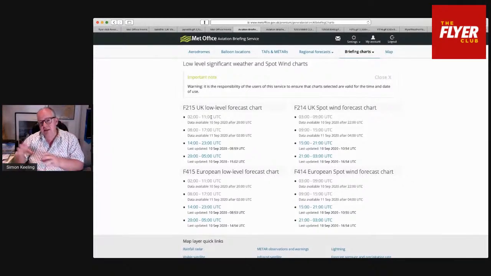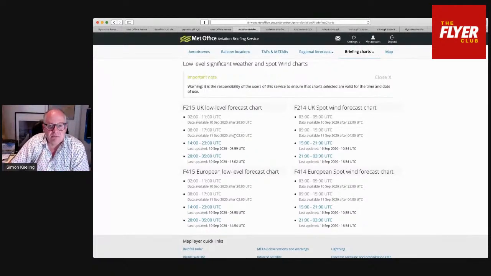So if you've got a flight that's going to leave tomorrow morning, you can actually get a forecast after 2000 hours GMT, UTC, Zulu the day before. So if you're going to fly in the morning, it's worthwhile before you go to bed to check out form 215, because that's going to give you a morning forecast.